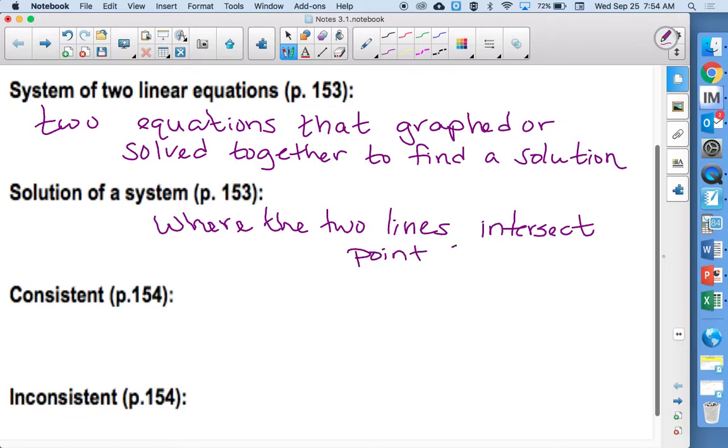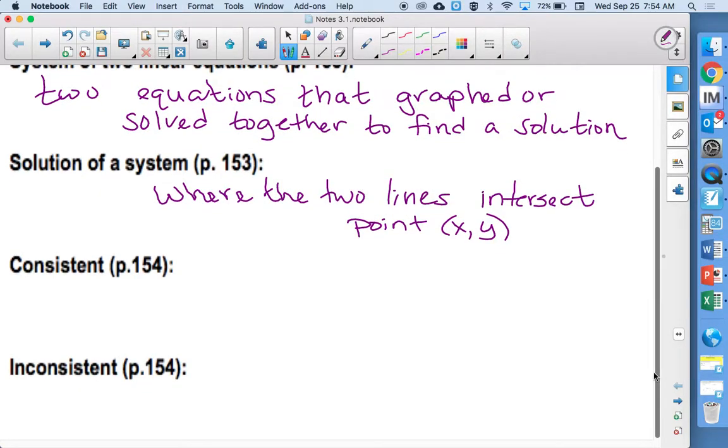So our solution is going to be an ordered pair, not just an x and a y separate from each other, an ordered pair together. That notation puts the two together because it represents that point on the graph, the x and the y.